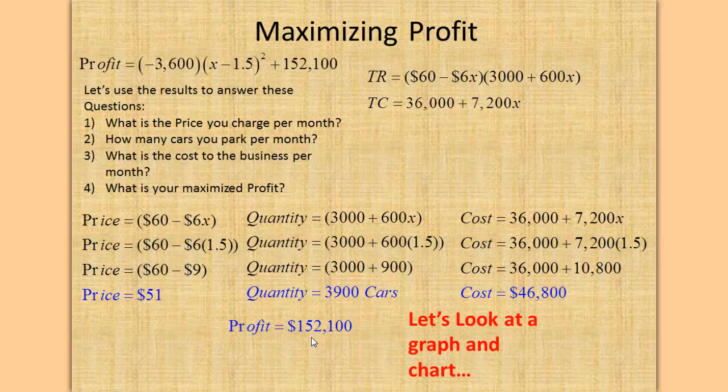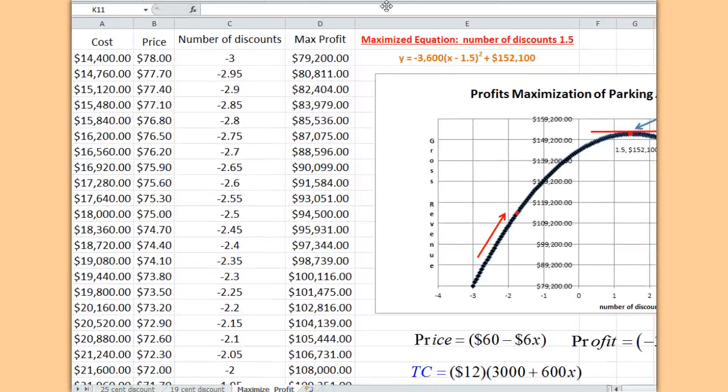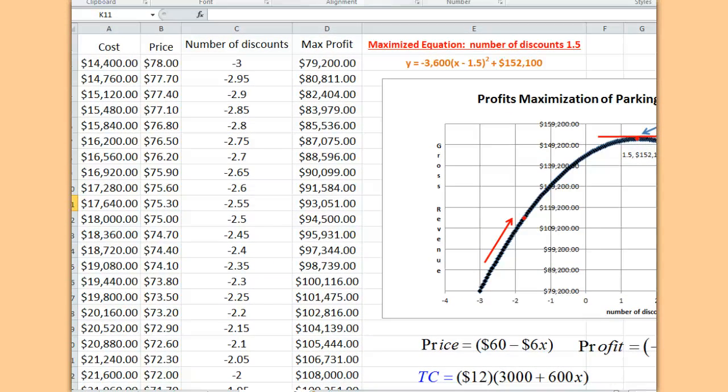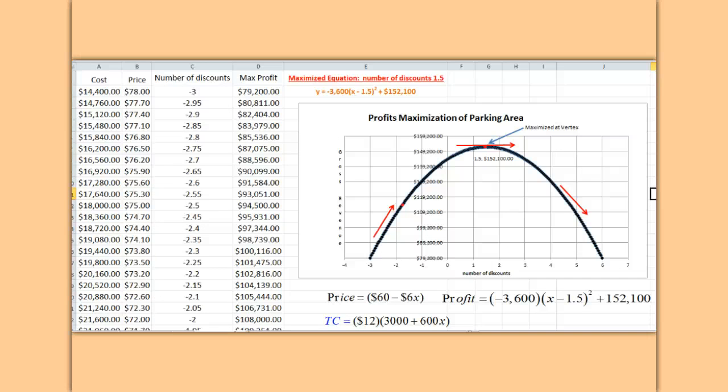Let's look at a graph and chart. So here is my chart, and I've taken out the maximized equation right there, and I plotted this graph.